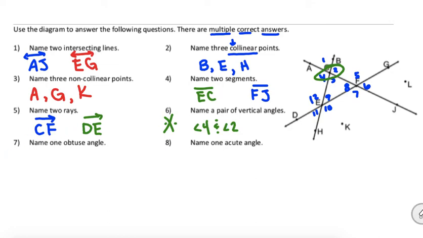On 7, as we move to look at an obtuse angle. So an obtuse is an angle that is greater than 90 degrees. So I'm looking for an angle that is bigger than 90 degrees. Okay, so I see this angle here. I'm going to practice naming it, even though I erased those angles. I think it was like angle 7 or something.